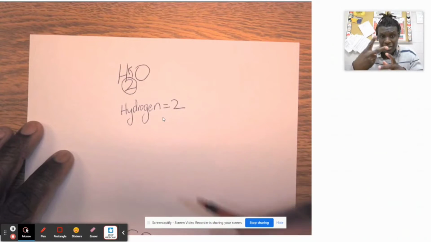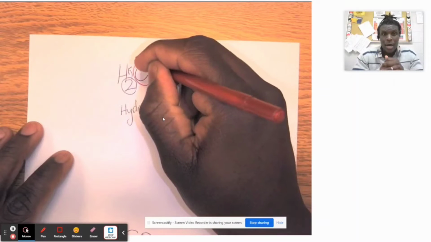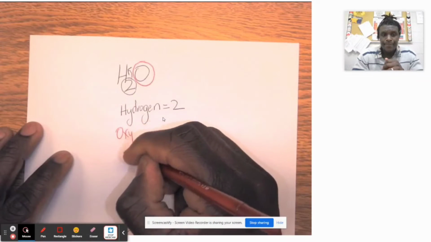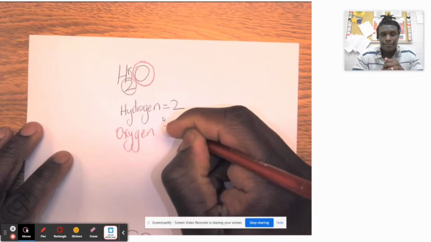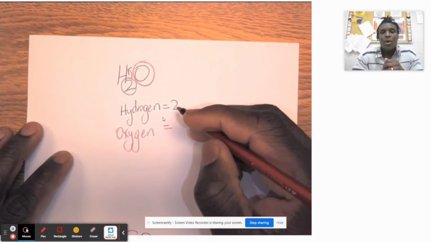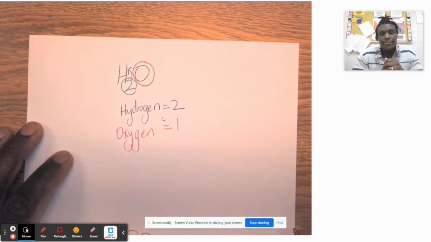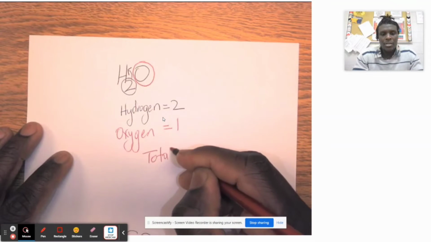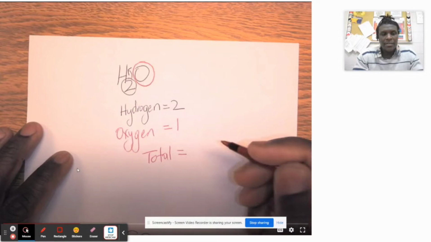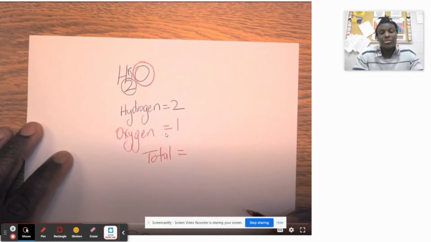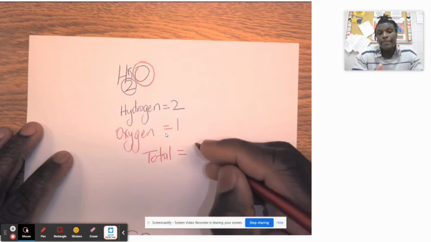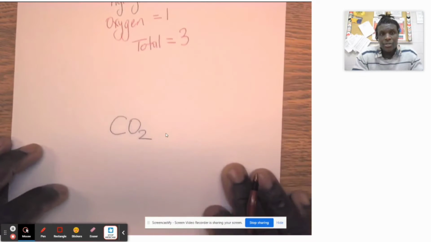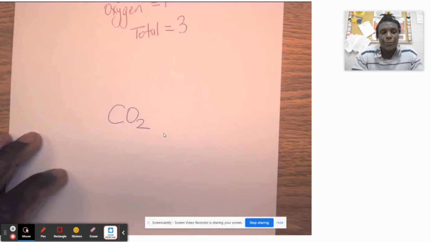We have 2 hydrogens in that formula. And oxygen, how much oxygen do we have? We have 1 oxygen. And the total amount of, not electrons, the total amount of the units that we have is 3. So the total formula unit would be 3.